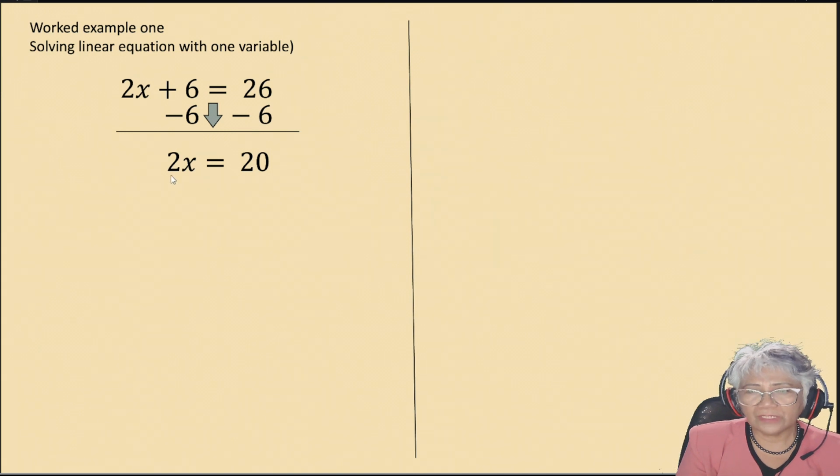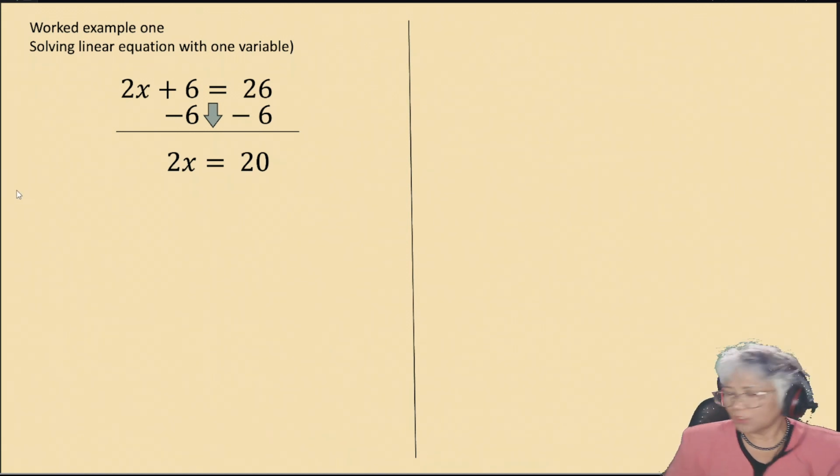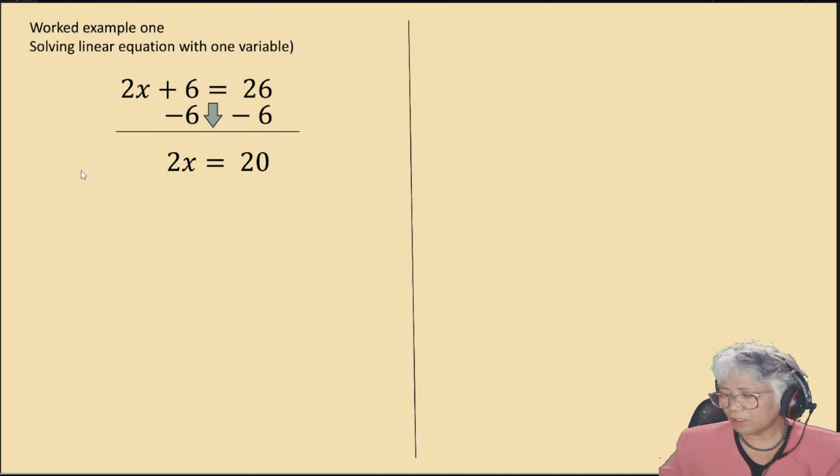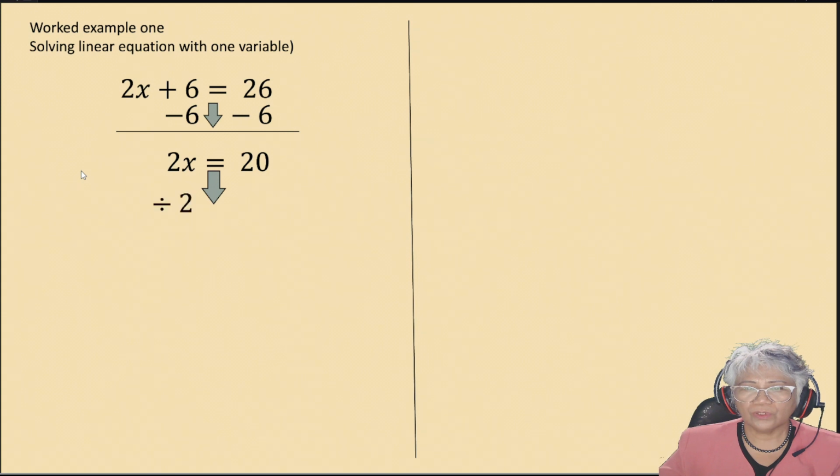Now there is still one number there that we need to get rid of, so that x will be on the left side and a number on the other side. So let's apply the opposite. Multiplication here, so we're going to divide by 2 and divide by 2.